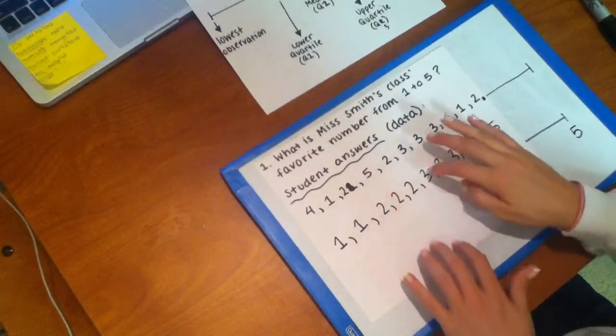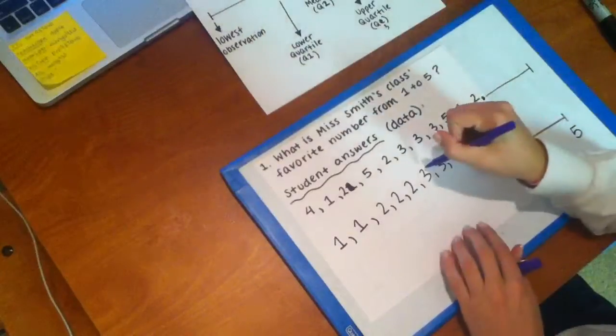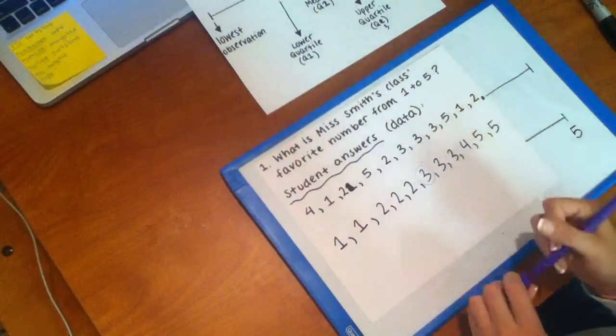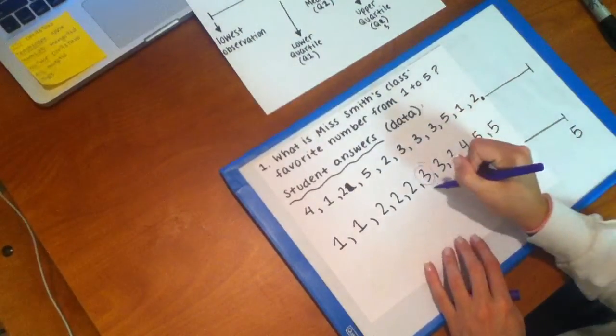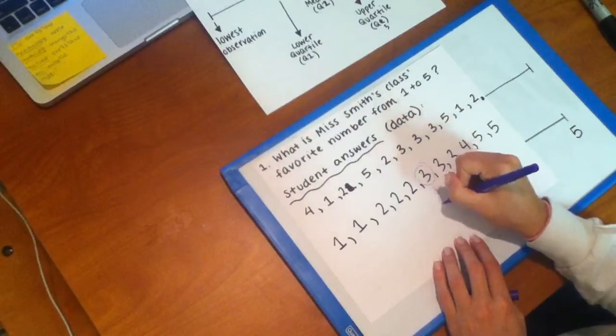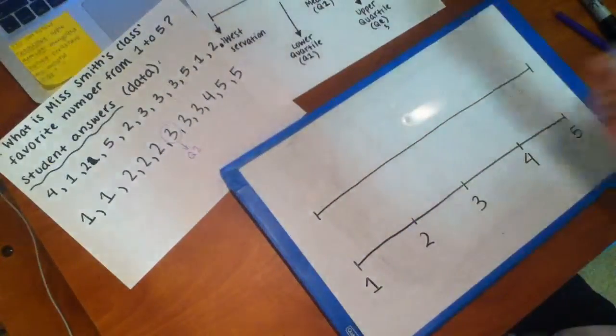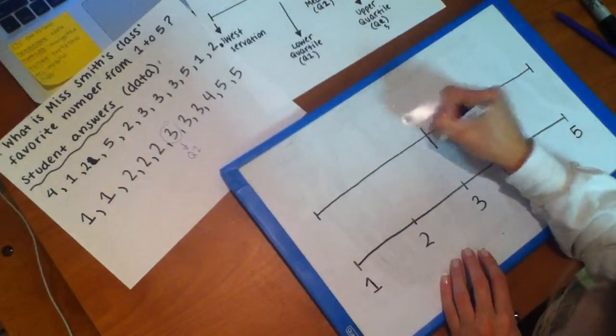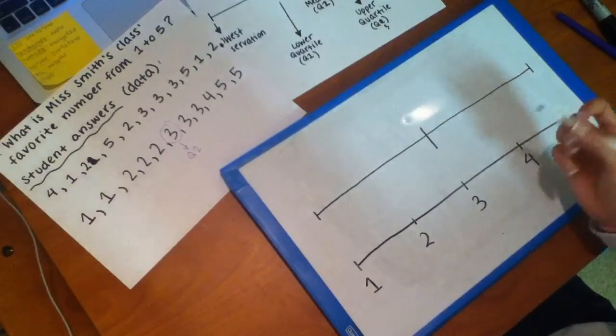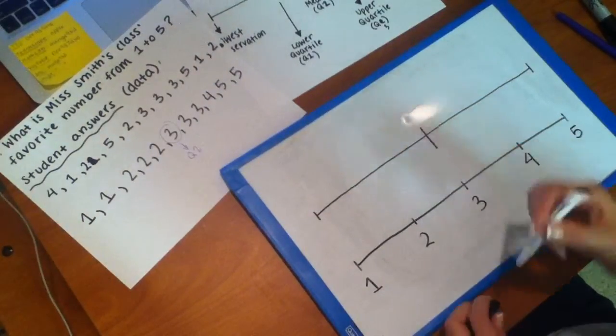And that's 3. So our median number will be our Q2. So right here we'll label that. We can just put a line for right now. That's our Q2. We know that 3 is Q2.